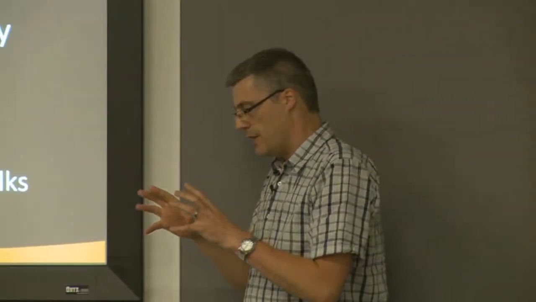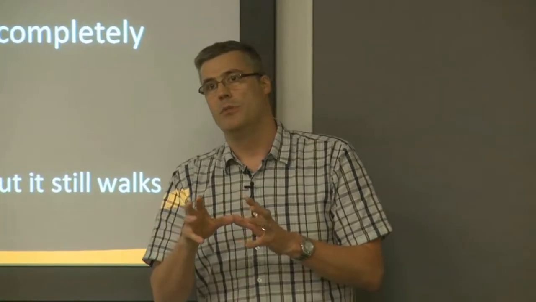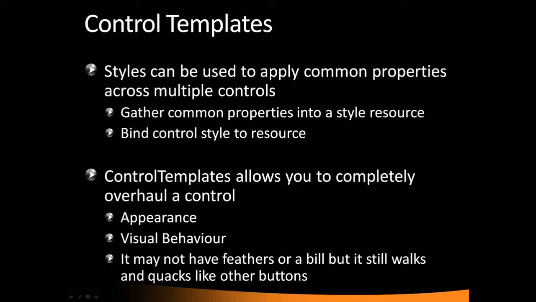You can also take advantage of styles to build a resource which can be applied across multiple controls. So if you have a particular look and feel that you want for your buttons in your application, you can style it in a particular way, gather that lump together, stick it in as a resource, and then just apply that style to all those buttons, and hey presto, they will all look exactly the same.